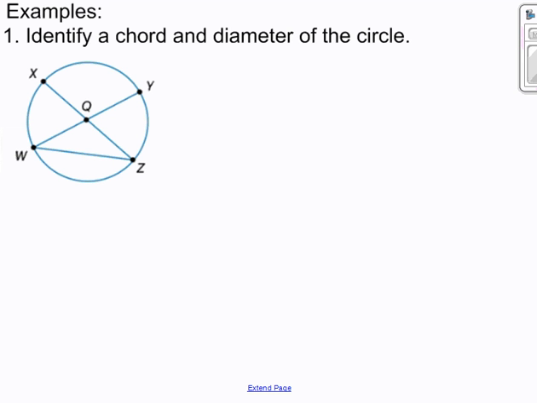So as far as examples, a lot of it reminds me of chapter 1, really, when you're trying to identify certain parts of shapes. So it says identify a chord and diameter of a circle. So a chord, once again, are segments that have endpoints on the circle. So I'm going to say all of them. So one of the chords would be WZ.